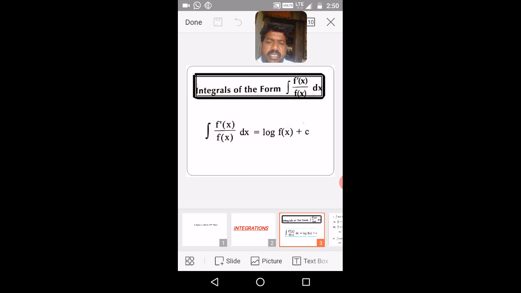Here in the integrand we have a numerator and denominator. In the numerator we have f dash x, and in the denominator f of x. That is, the numerator is the derivative of the denominator. So we put f of x equal to t.